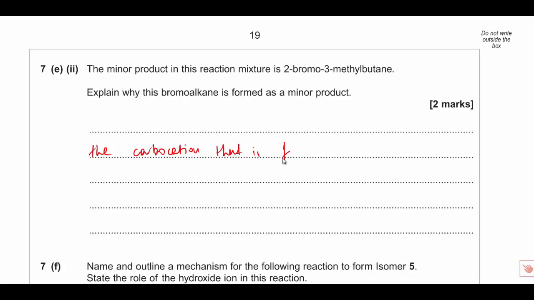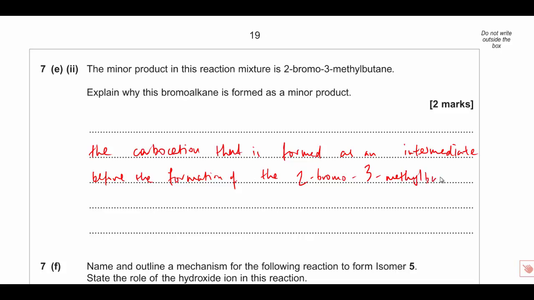So I would say the carbocation that is formed as an intermediate before the formation, not the best worded here, of the 2-bromo-3-methyl butane is a secondary carbocation, therefore less stable.